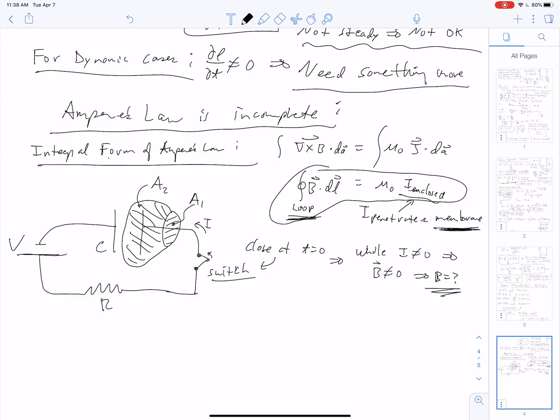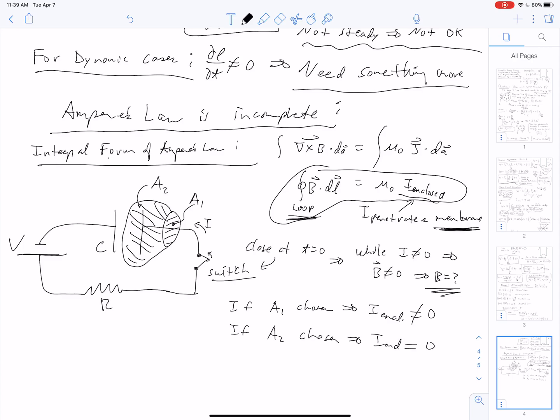The point is that if A1 is chosen, then I enclosed does not equal 0. But if we chose the second membrane, then I enclosed equals 0.